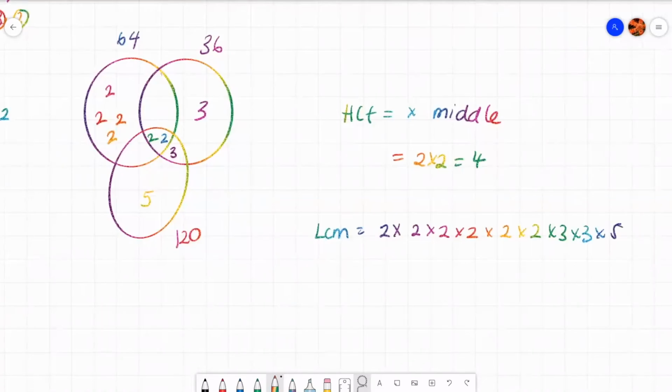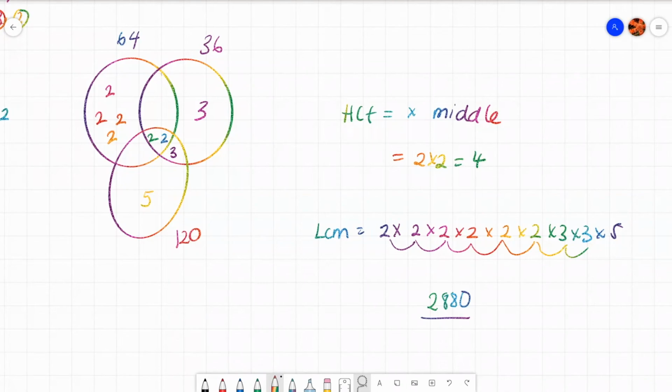Okay, let's have a look then. 2 times 2 is 4, times 2 is 8, times 2 is 16, times 2 again is 32, times 2 is 64, times 3 is 192, times 3 again is 576, and then times by 5 is 2880. So that means that the lowest number in the 64, 36, and 120 times table is 2,880.